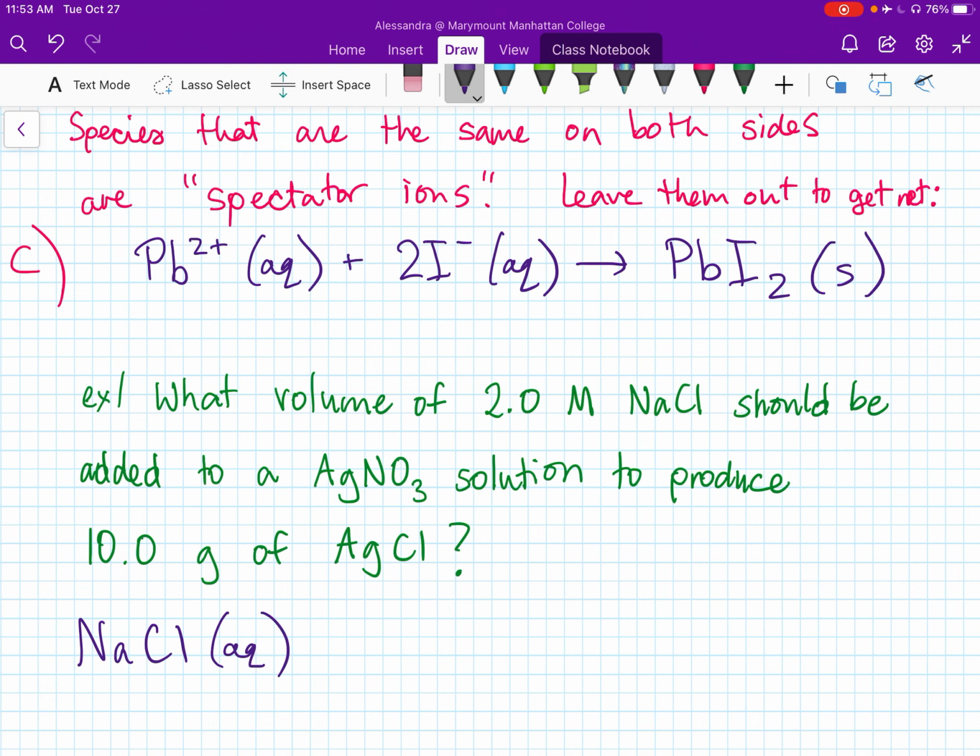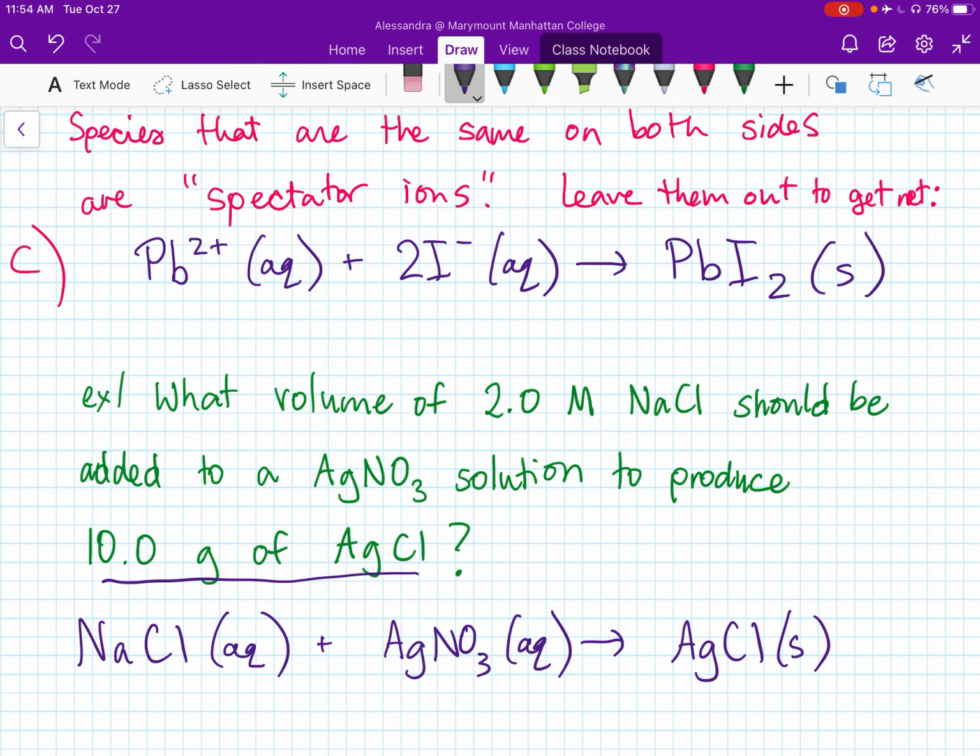I'm adding sodium chloride, a solution of it, so it's aqueous, to silver nitrate solution, so that's also aqueous. And the problem is telling me that I'm producing 10 grams of silver chloride, so that is implying that I am making a solid.